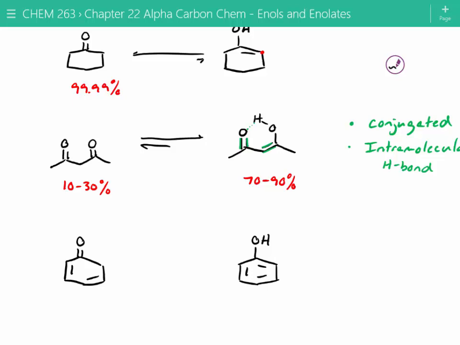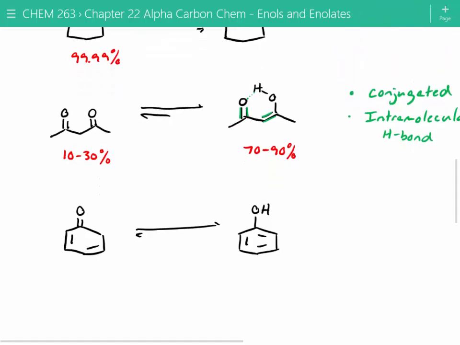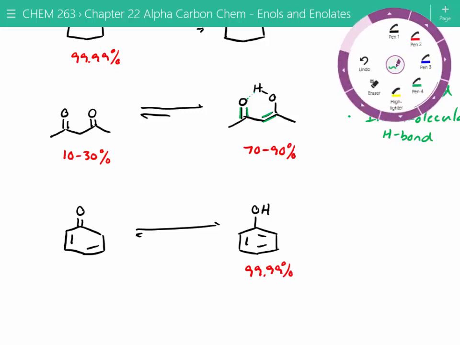All right, so the last one, we said the right side is more stable, and why is that? It's aromatic, right? So it's a special type of conjugated. And in this case, if we were to measure this in equilibrium, this would be 99.99% on the enol side and practically none of the ketone in solution.